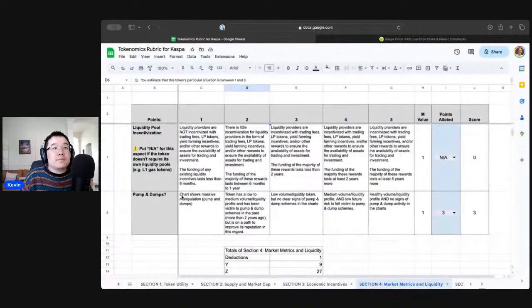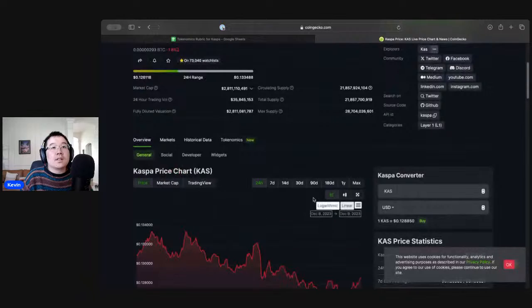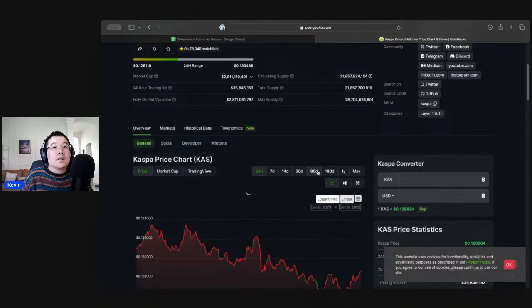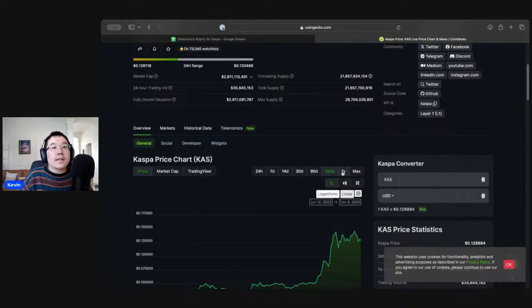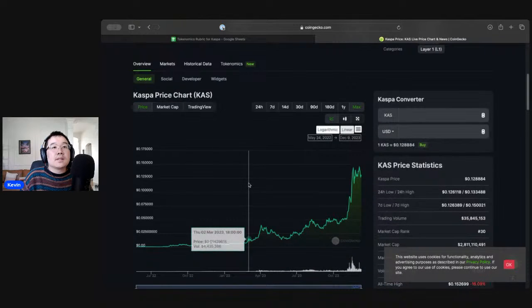Okay. Pump and dumps. Are there pump and dumps showing the charts with massive manipulation? So let's just look at the charts. Let's go back to 180 days. Let's go back to max.